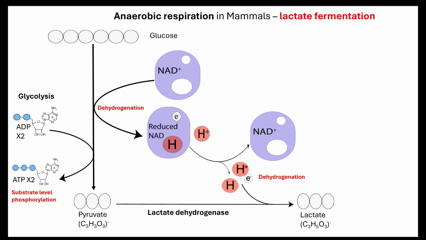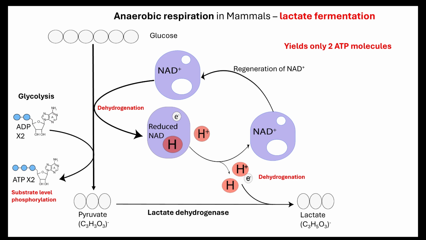So that is through the process of lactate dehydrogenase, an enzyme, catalyzing the reaction of the pyruvate being converted into lactate. Now, that is so that we can regenerate that NAD. And that regeneration of the NAD means glycolysis can continue.